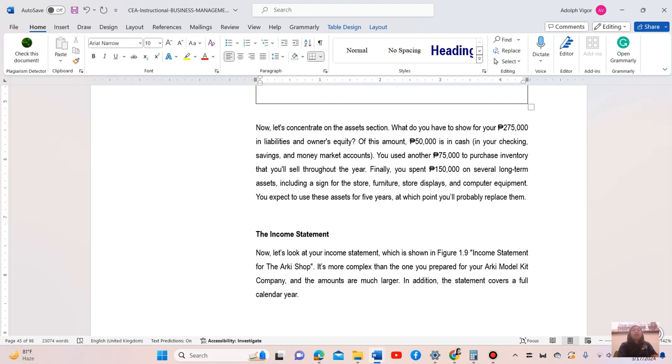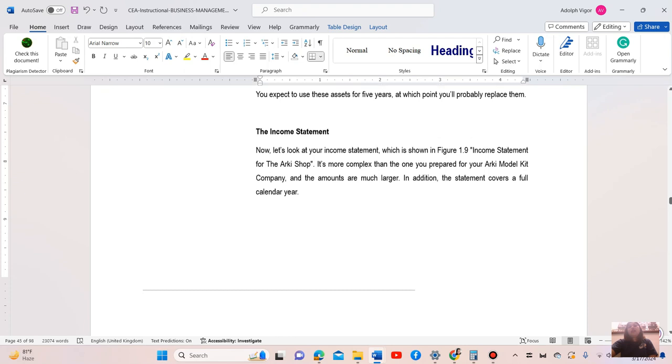You use another 75,000 to purchase inventory that you sell throughout the year. Finally, you spent 150,000 on several long-term assets, including the sign for your store, furniture, store displays, and computer equipment. You expect to use these assets for 5 years, at which point you'll probably replace them because they're outdated already.